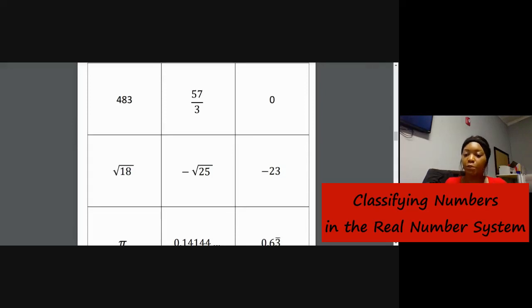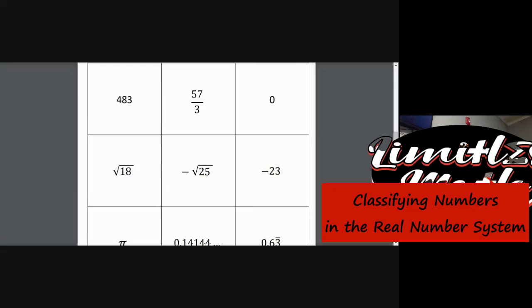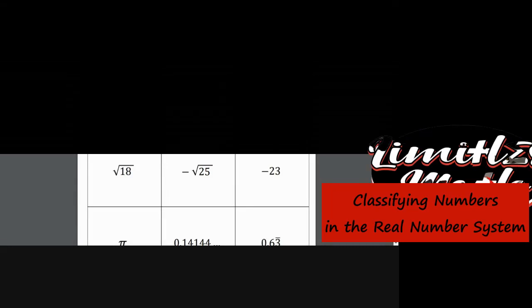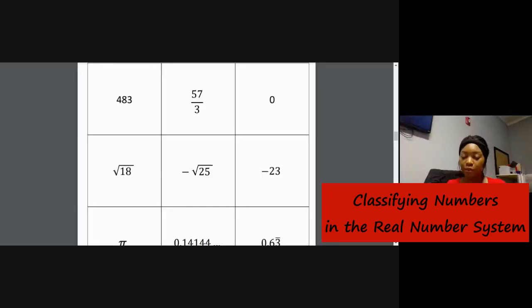You don't have to write all of it out. You can do Z, Q, N, whatever. All right, so I got natural, I got whole. I got some people saying integer, whole and natural. Rational, okay.